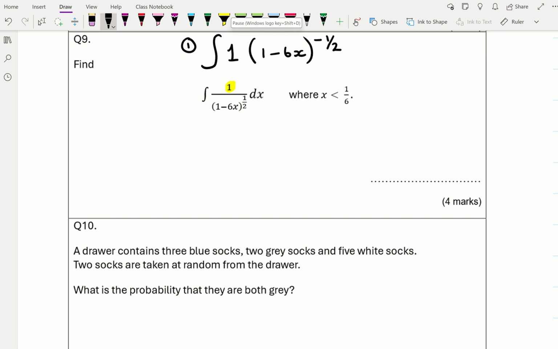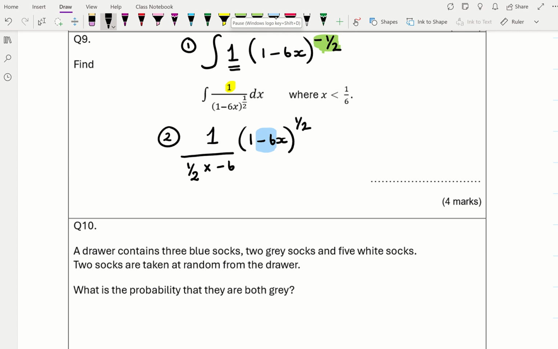And then you start to integrate, and you're going to add 1 to the power. So the bracket is going to be the same thing, 1 minus 6x, the bracket doesn't change, to the power of a half. And then this coefficient of the bracket is divided by the power times the coefficient of x, the number being multiplied by x, which is negative 6.